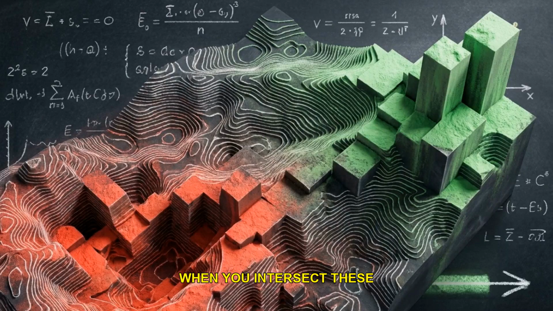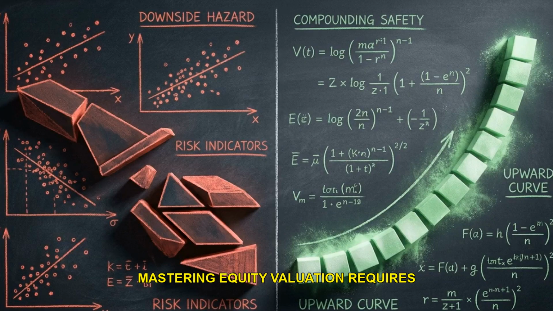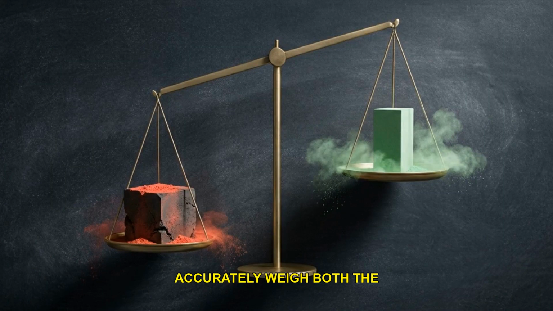When you intersect these two models, you map the entire landscape of corporate health. Mastering equity valuation requires the simultaneous application of downside predictive algorithms and upside compounding formulas to accurately weigh both the risk of ruin and the mathematics of extreme returns.